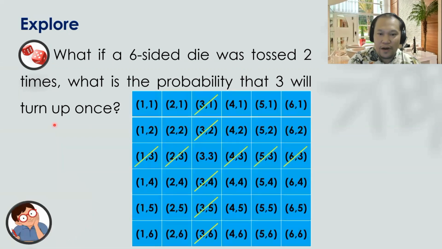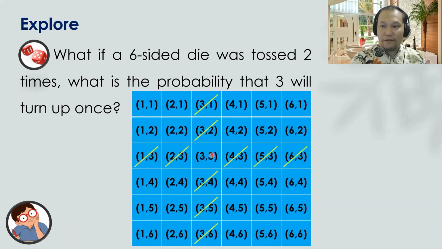Therefore, the listed outcomes are 1,3, 2,3, 3,1, 3,2, 3,3, 3,4, 3,5, 3,6, 4,3, 5,3, and 6,3.